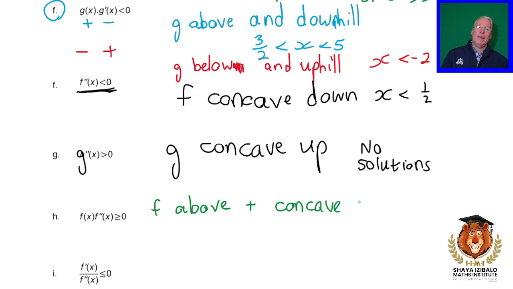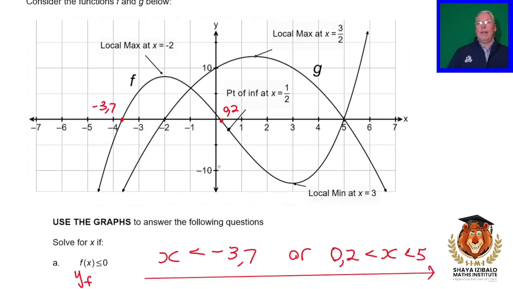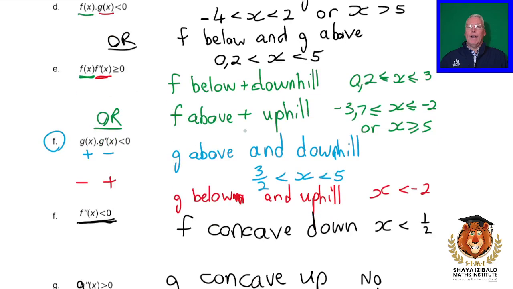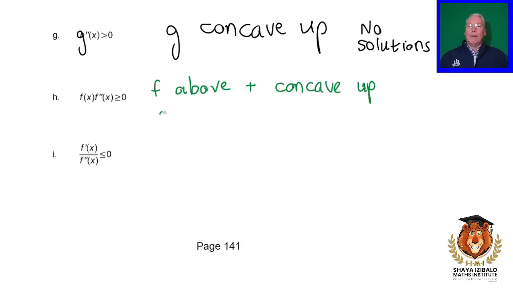Let's just see, is there anywhere where f is above the axis and concave up? Above the axis and concave up, it only becomes concave up from here, and it only goes above the axis from 5. So x bigger than 5. And in fact, we can actually include 5.